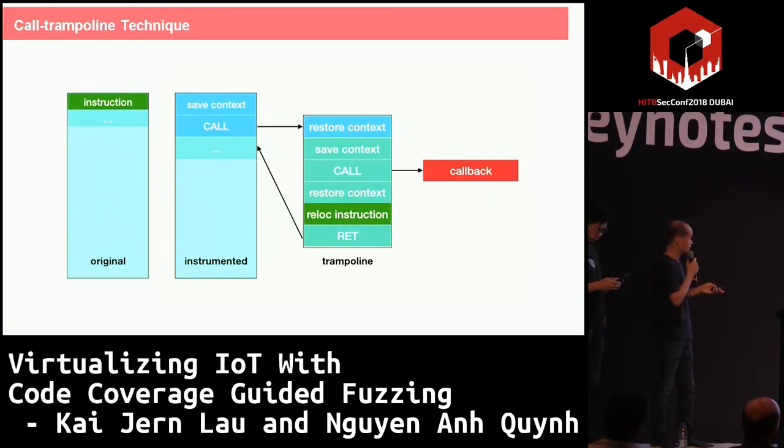Again, here we use the trampoline memory buffer, but instead of jumping, we call to the trampoline memory. We save the context before we make the call to the callback, which is our instrumentation code. On return, we restore the context. We relocate the instruction, and we return from the call here. So we come here after the call. So the third type of detour injection is different because we do not use jump, we use call.